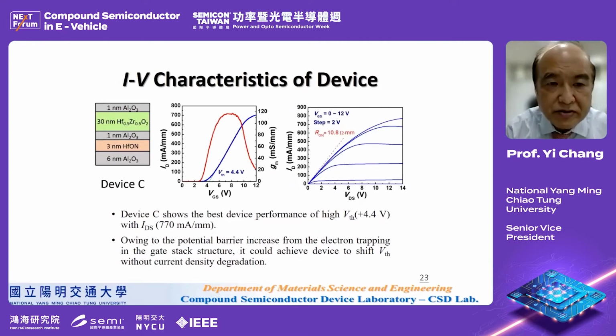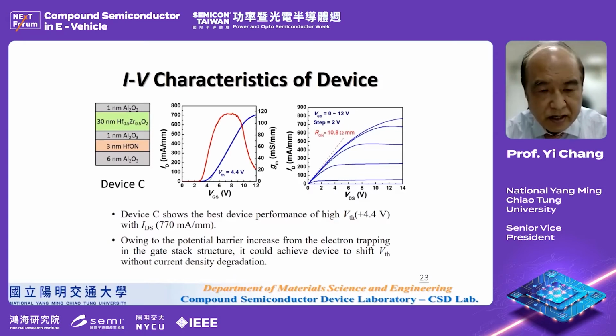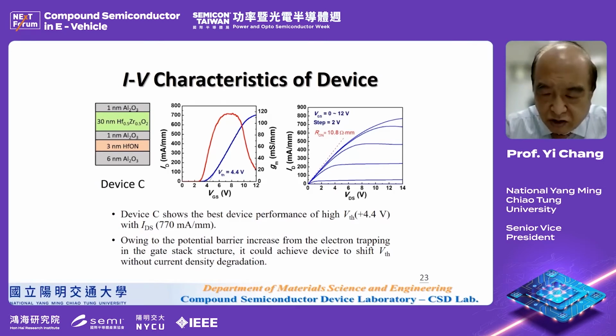This is the IV characteristic of these hafnium zirconium oxide based devices, and this device shows very good VTH, in this case 4.4 volt with 770 milliamp per millimeter. Owing to the potential barrier increase from electron trapping in the gate stack structure, it could achieve a device with very high VTH without degradation of the current.